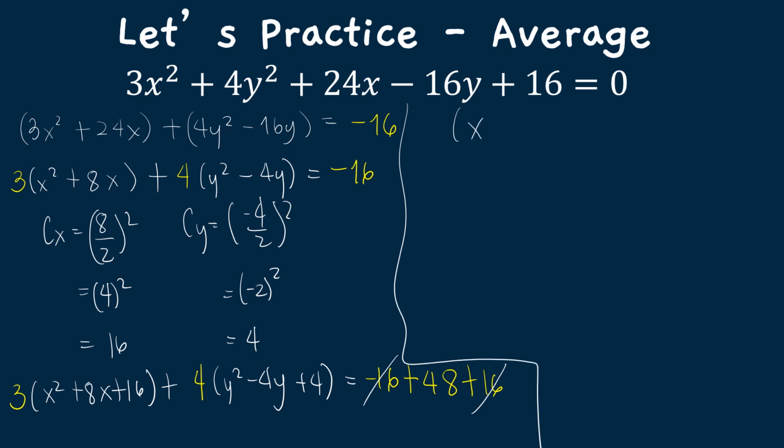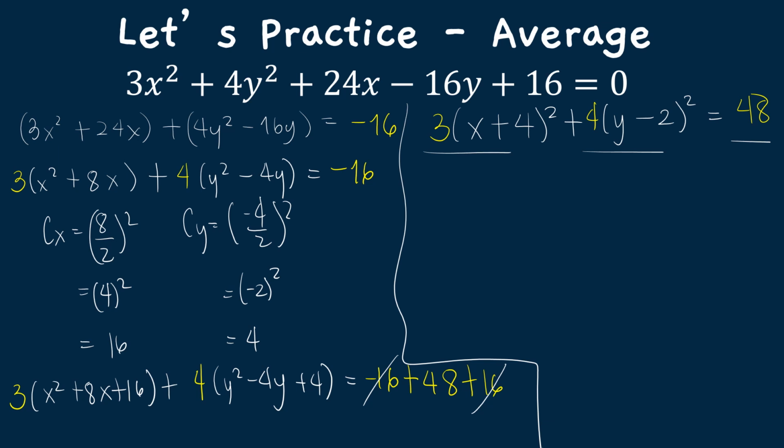So you have x plus 4 squared, and then you have 3 in front. You also have plus y minus 2 squared is equal to positive 48 here. Don't forget 4. And then after that, we can divide the whole equation by the coefficient on the right side to make it a 1 value.